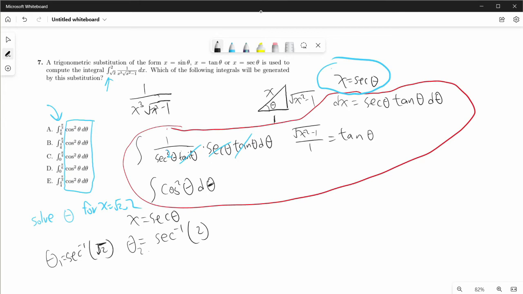Now, if you memorize these, that would be really great. You can instantly get these. But if you didn't, these are really nice numbers, right? Usually you look at cosine and sine, and it's like some decimal or some non-repeating decimal. But 2 and root 2 are really nice numbers.